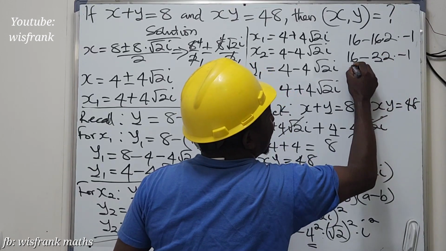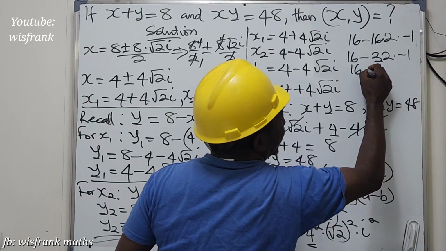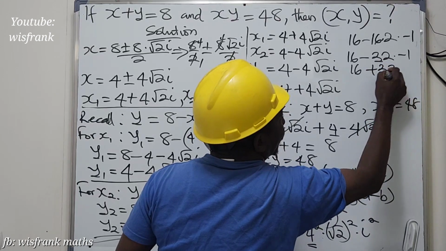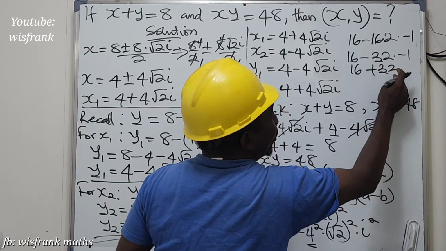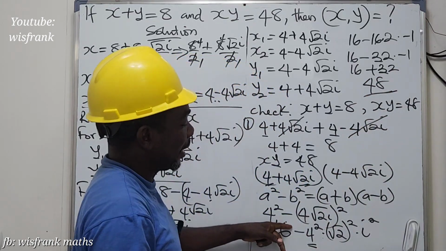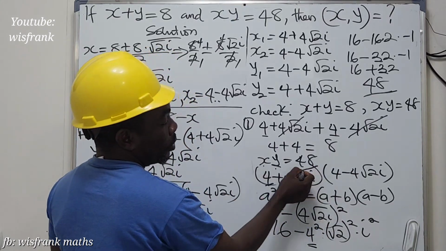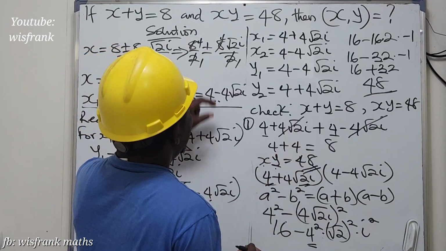So this is the same thing as 16, and 32 times minus 1 will become plus 32. If you add 16 and 32, it gives us 48. So what we have on the left hand side is what we have on the right hand side, because xy equals 48 and it satisfies this expression.